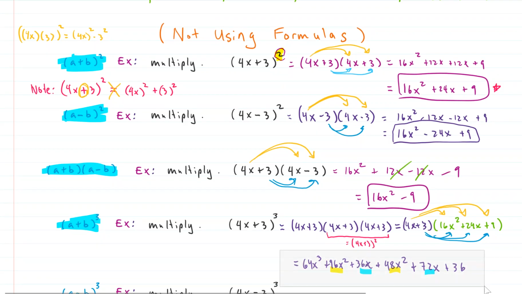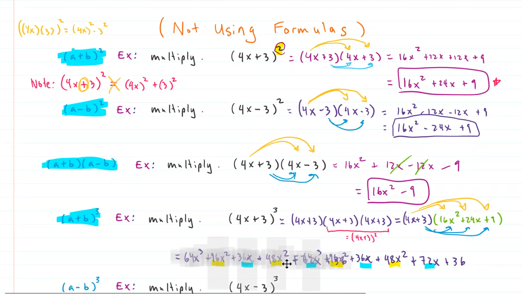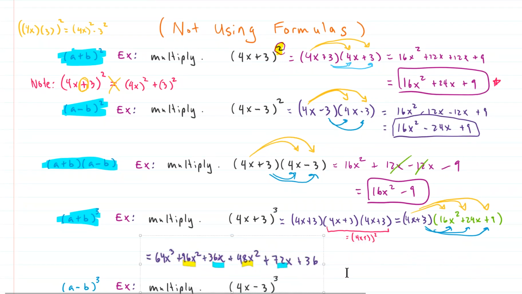Actually, if I just take this and move it over a little bit, I'll have some more room. So we have 64x cubed, and 96 and 48 give us 144x squared.